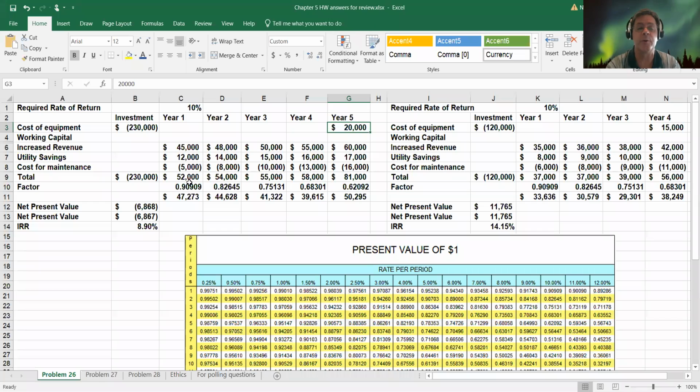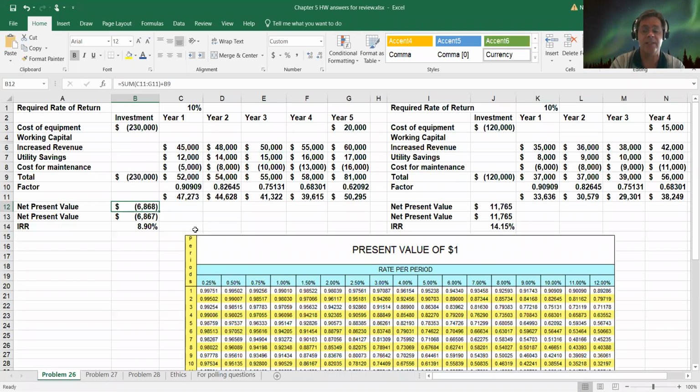Then if we're doing that method, we're going to multiply and then add up and then subtract the negative investment. And you're going to get 6868. And if you rounded or didn't round, I'm not worried about it.